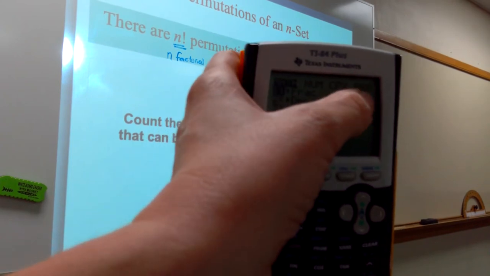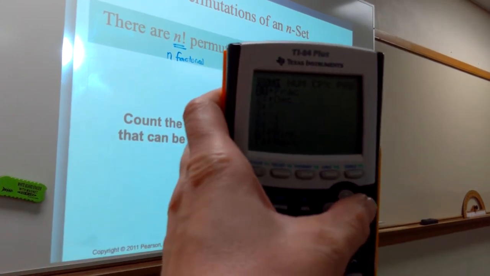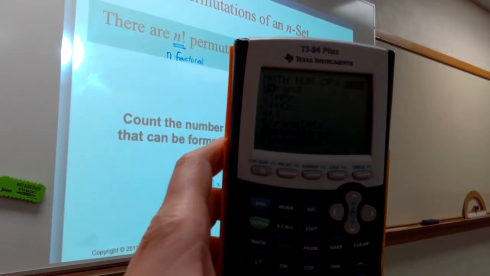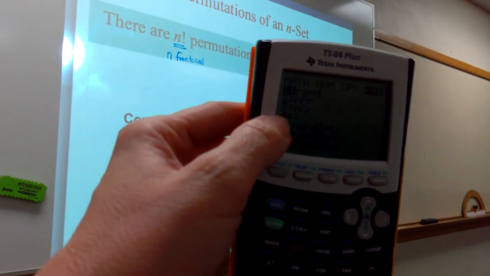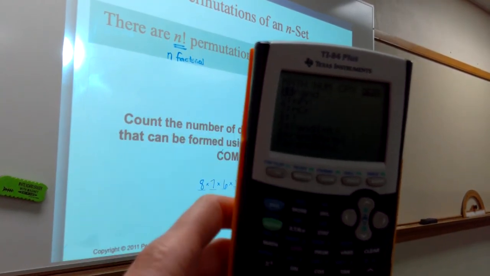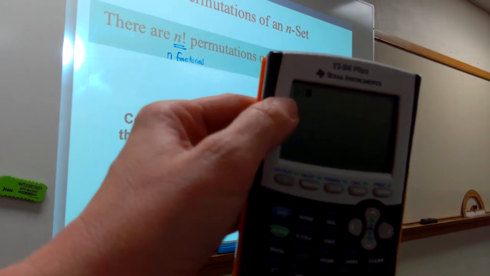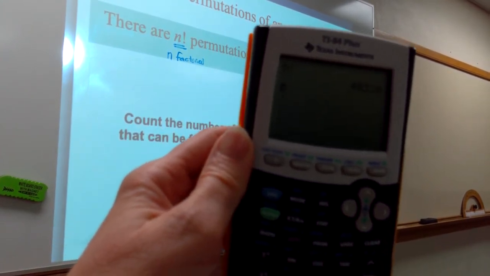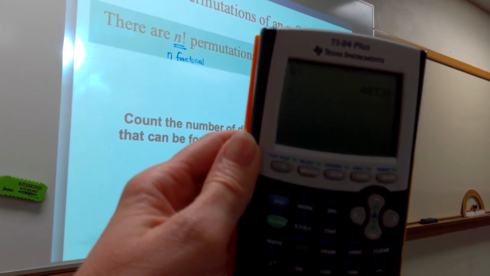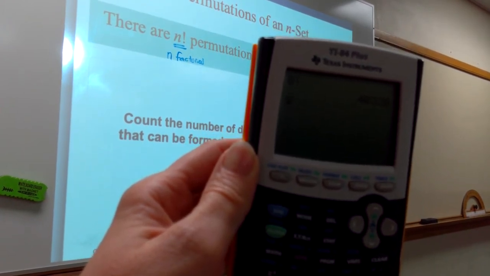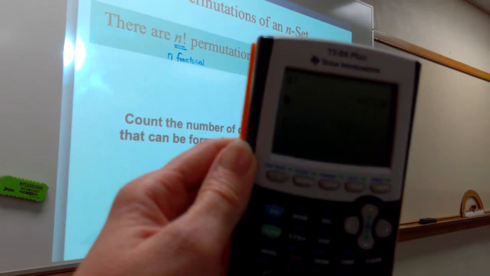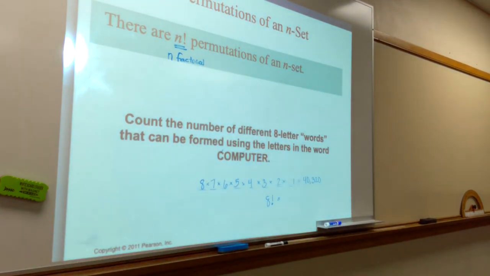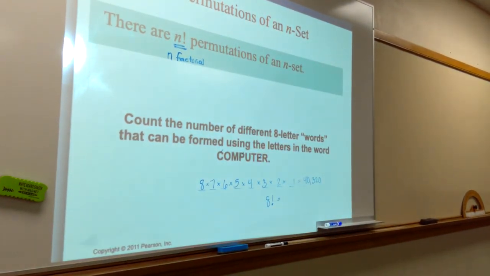And then probability is all the way over here to the right, so I'm just going to arrow over to the right to hit probability. Factorial is choice number 4. So I'll just hit that. And you'll notice on your screen you get 8 with a little exclamation point and hit enter, 40,320. Okay, so that's where you're going to find the factorial button if you don't want to type in that string of numbers. Okay, so just a little shortcut.